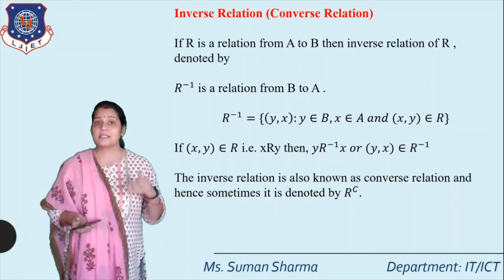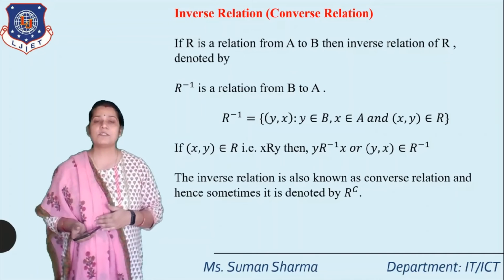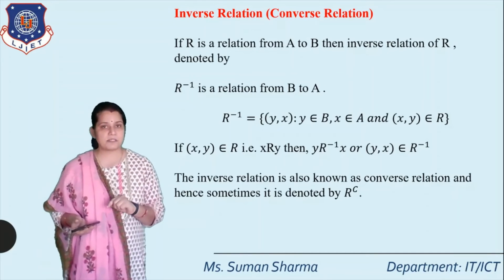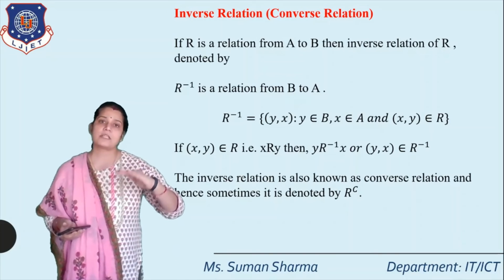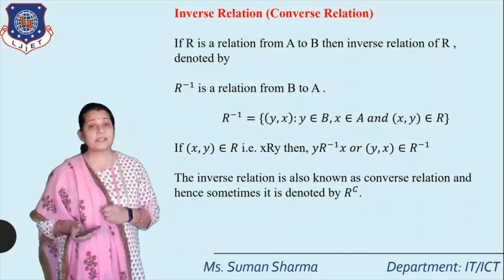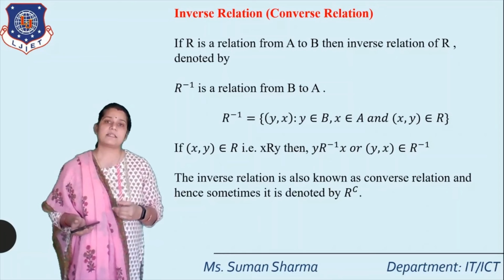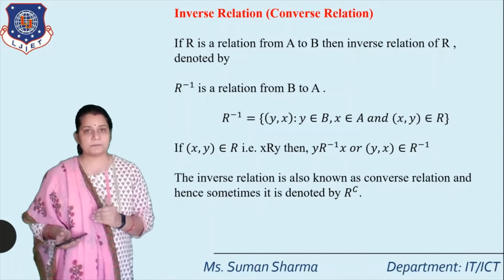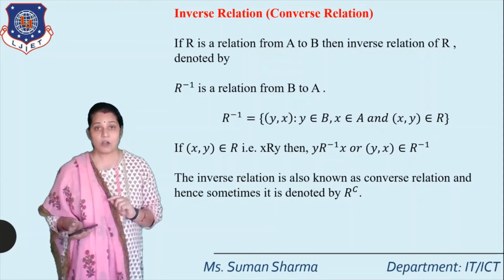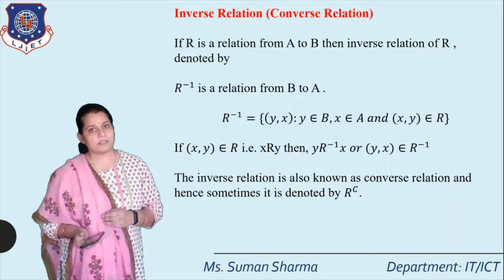So if R is equal to X comma Y, then R inverse is equal to Y comma X, where Y belongs to capital B and X belongs to capital A. So if X comma Y belongs to R, that means X is related to Y, and Y inverse X, or you write Y comma X belongs to R inverse.